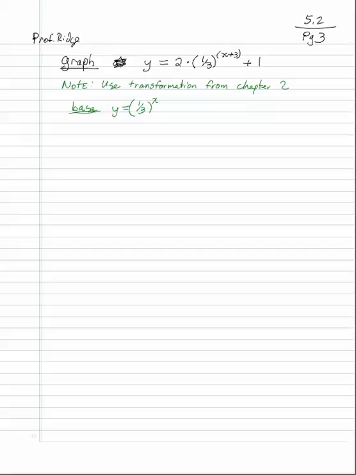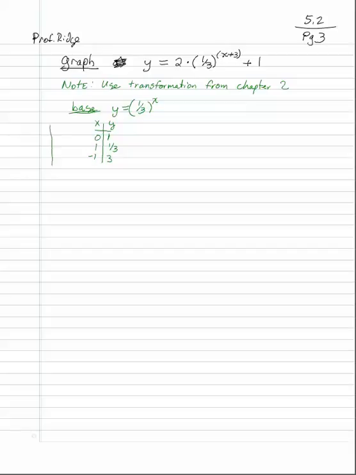Okay, so I'm going to do the 3 points, 0, 1, negative 1. (1/3) to the 0 is 1. (1/3) to the 1 is 1/3. (1/3) to the negative 1, again, think reciprocal, that's 3.